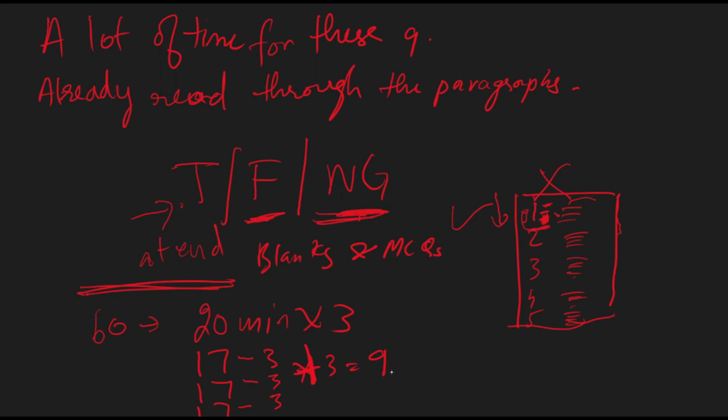Now, in those 9 minutes we're gonna go through the whole paper again and skim it. What's that gonna help you with? You're gonna see some flaws in your answers that you missed or didn't pay attention to before.